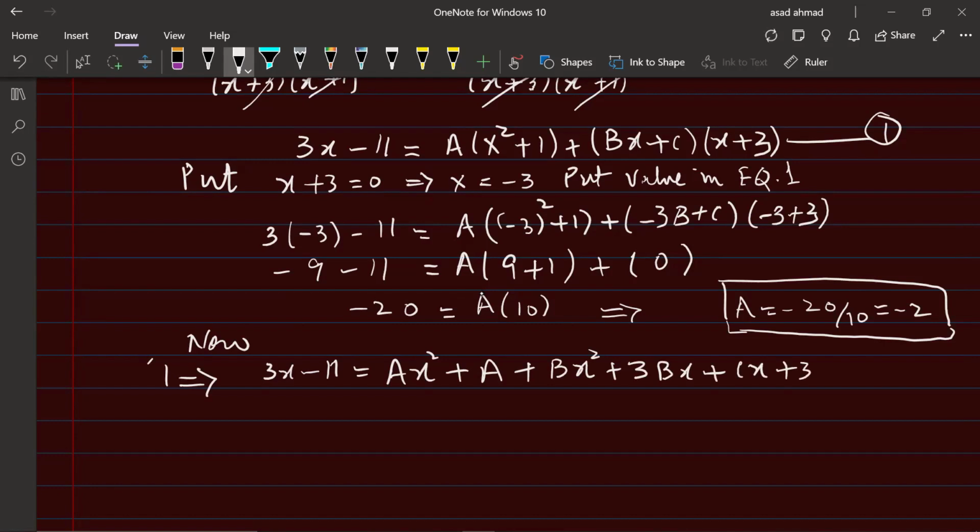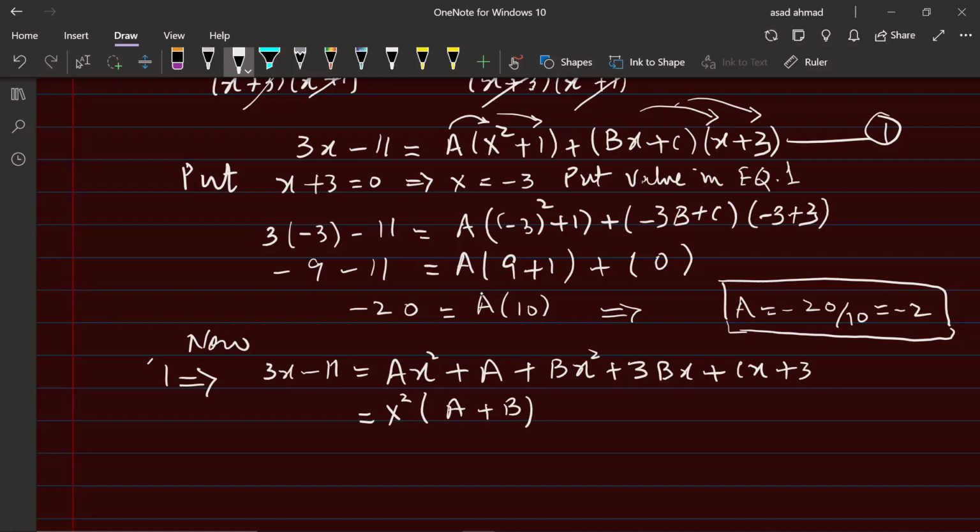Both will be multiplied, A's will be multiplied, and now you need to separate the variable x square first and take x square common.